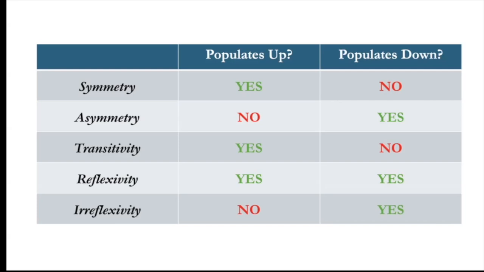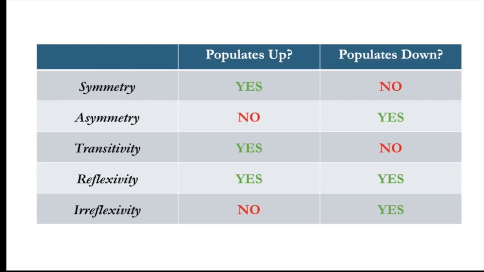Test it. John, I have a question. Is this universally true? If you say something like asymmetry can't populate up, would that mean that B would be in conflict with the inverse of A? Oh, I don't know.